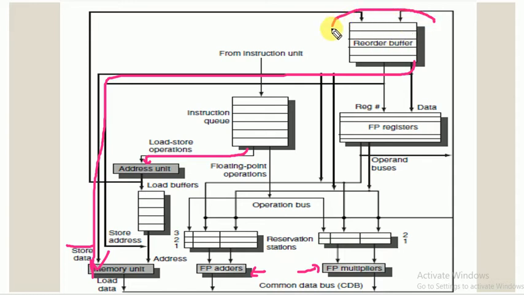So the additional hardware for hardware-based speculation is the reorder buffer, where we store the results produced by various components. After the speculation is completed, we will get the real result by doing the final instruction commit, and then the result is stored into the different components.